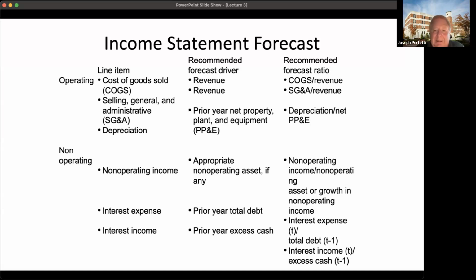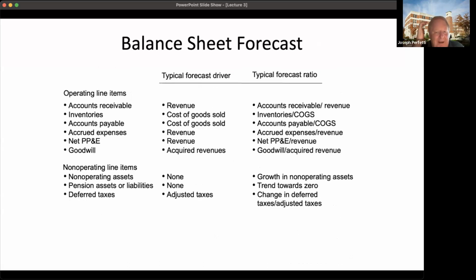And typically, most of these are done as a percentage of whatever. And we want to tie, particularly when we do balance sheets, the balance sheet driver to the corresponding income statement driver. So for example, cost of goods sold comes from us selling our inventory. So therefore, inventory should be somewhat linked to cost of goods sold. So a typical forecast ratio would be inventory as a percentage of cost of goods sold.